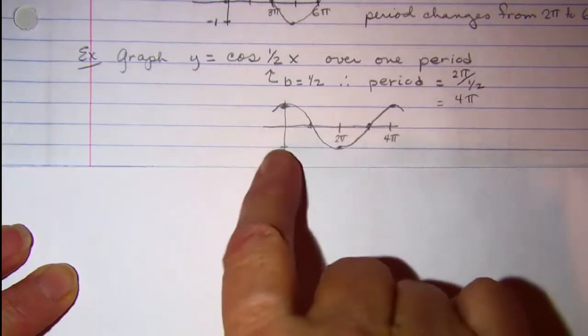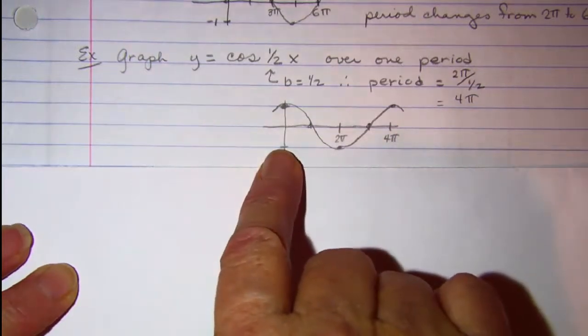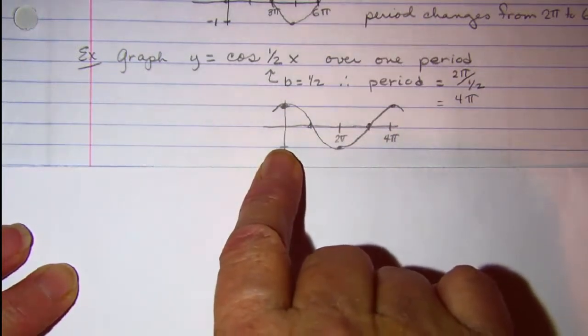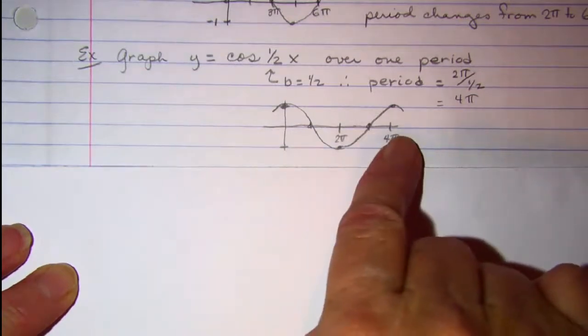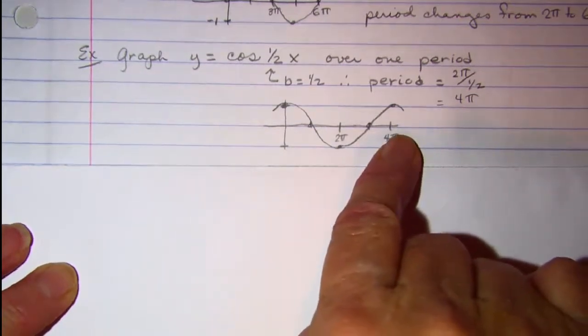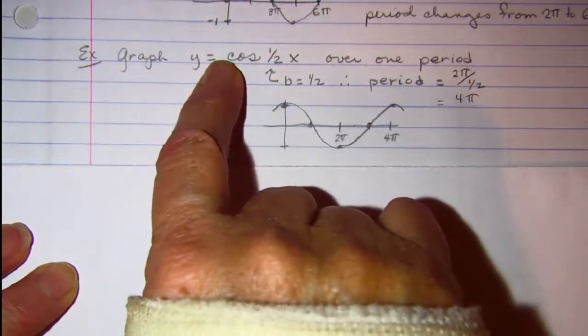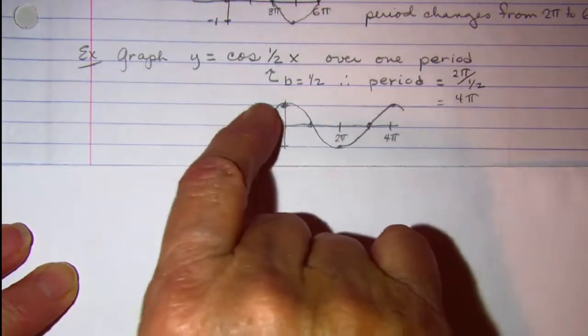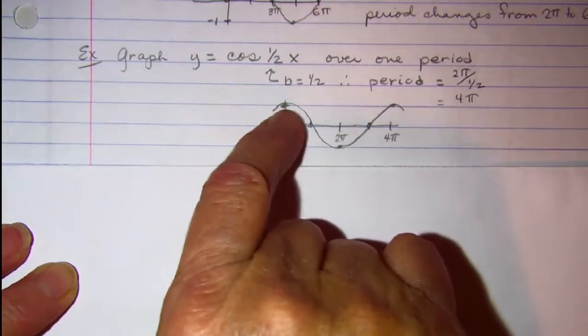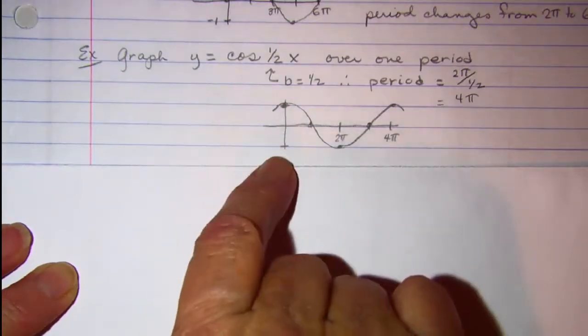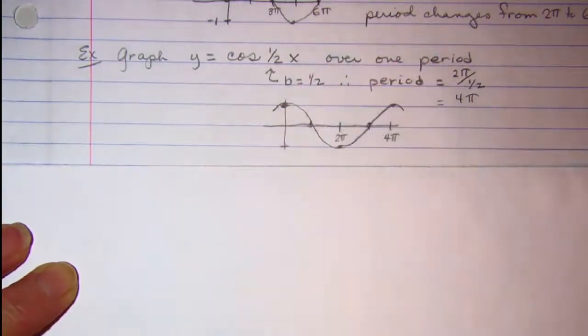So that means our curve starts at x equals 0 and ends at x equals 4 pi. The coefficient here in front of the cosine 1/2 x is 1, so our amplitude is 1. And I didn't label that because we were mostly concerned about the period.